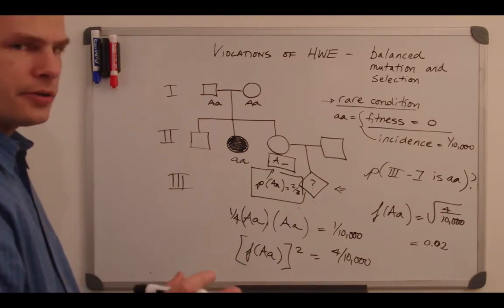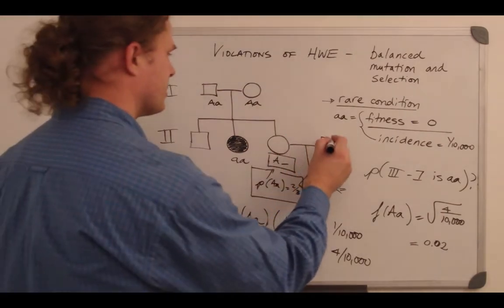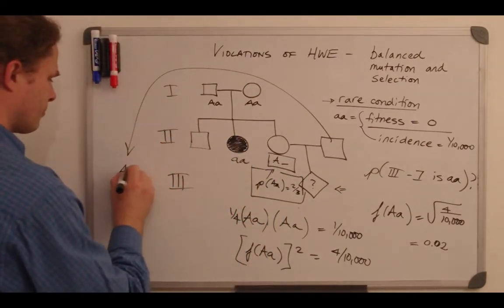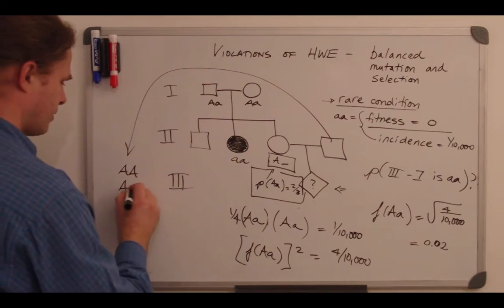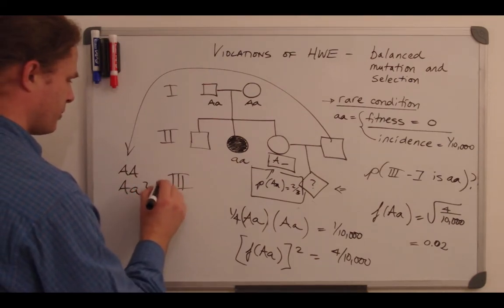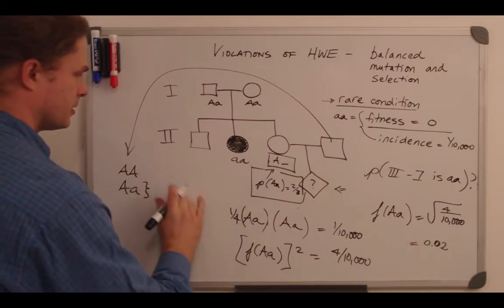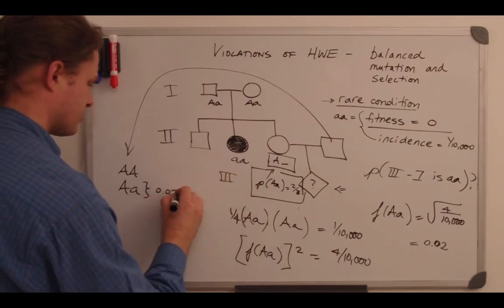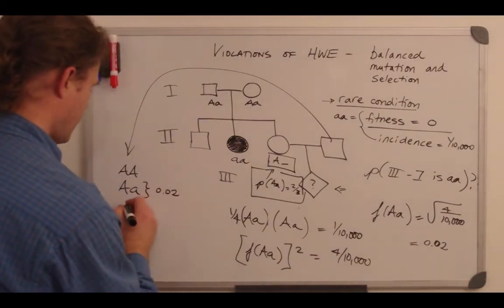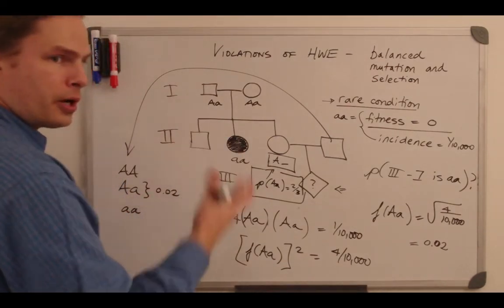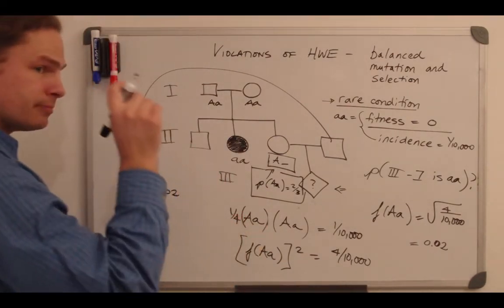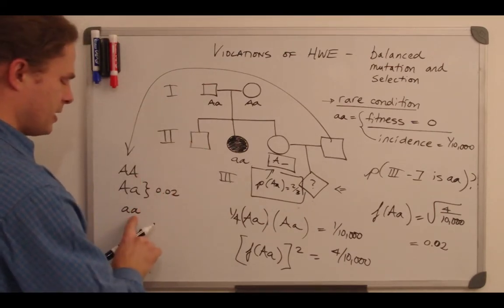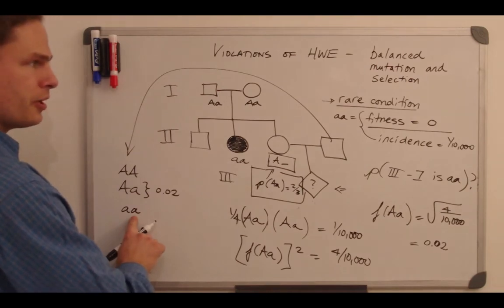Now, the other thing that you need to remember, if we think about this individual here, is that the probability value we just calculated, I'll move that over so I have more space, being 0.02, also comes from a total population where the supposed probability of this individual being little a is also not 0.